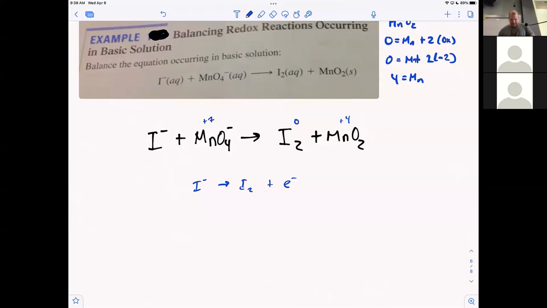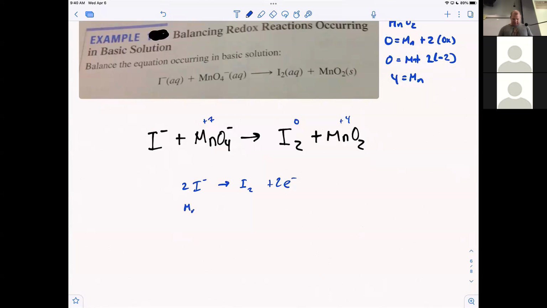I like to do it this way so the charges are balanced. You can do it with a half, as I mentioned before, but I like to think in whole numbers.